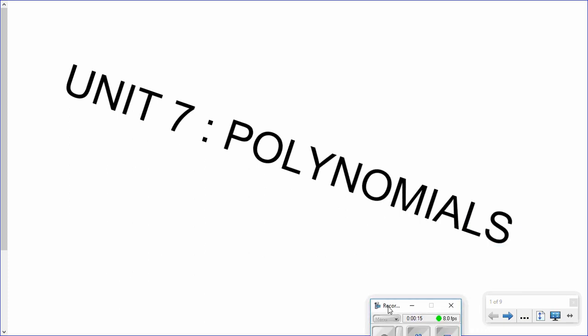Okay, so Unit 7, polynomials. This unit is, I don't want to say it's lengthy, but it kind of is compared to the last couple of units. Well, it's actually not that much material, but we want to make sure we give enough time for it, so we will be spending a couple days on things.